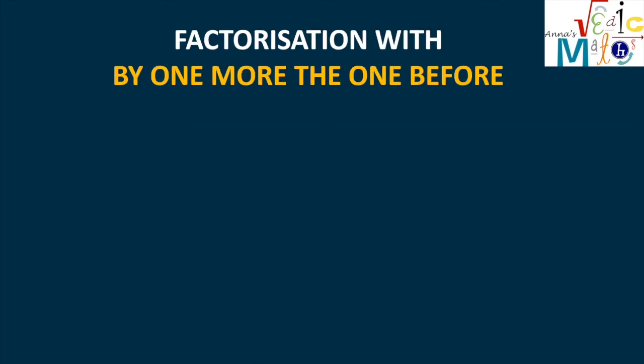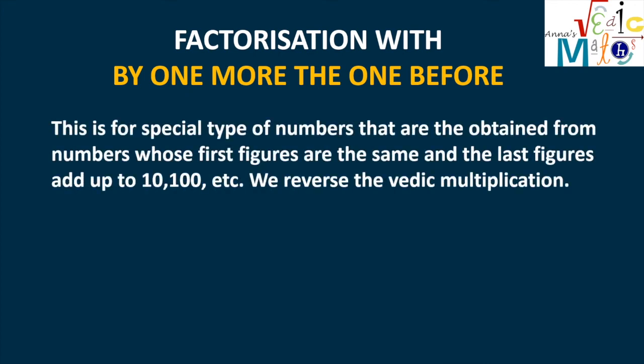Let's try with the other special multiplication in Vedic maths, with numbers that have the first figures the same and the last figures that add to 10, 100, and so on. We use, in this case, the sutra by one more than the one before.